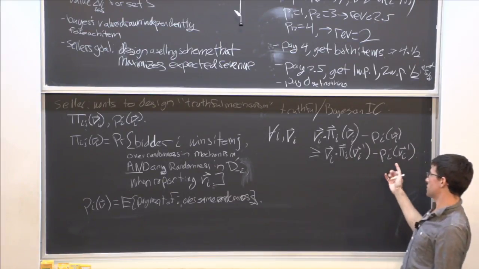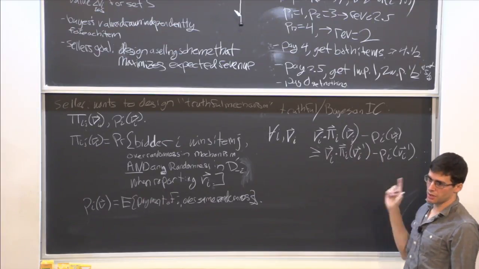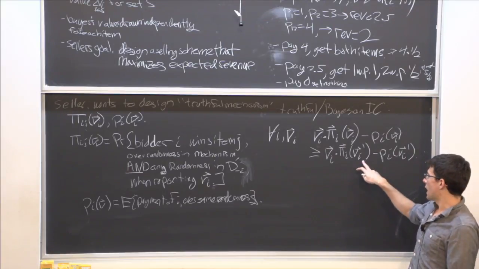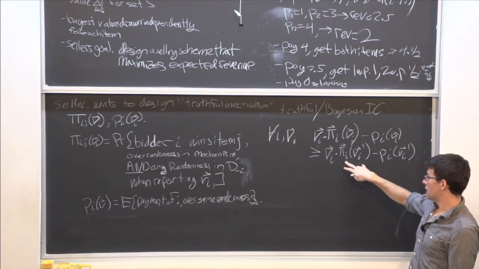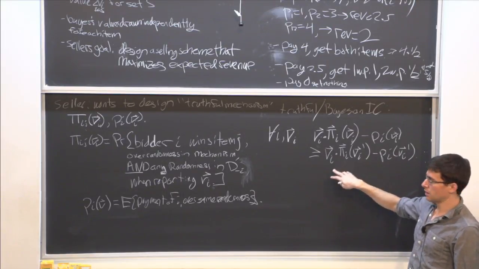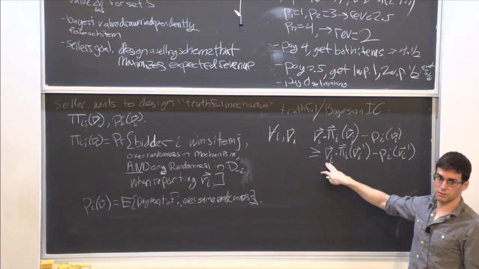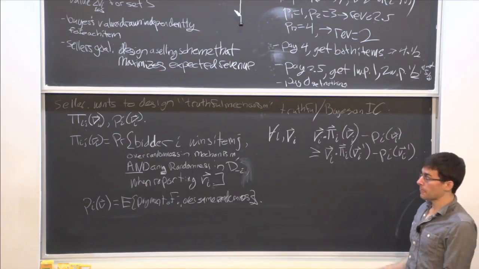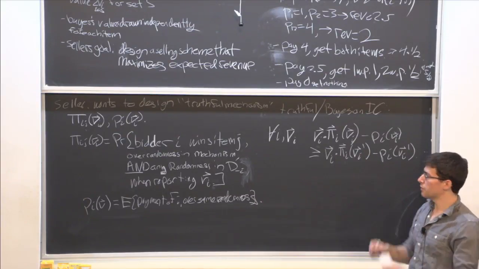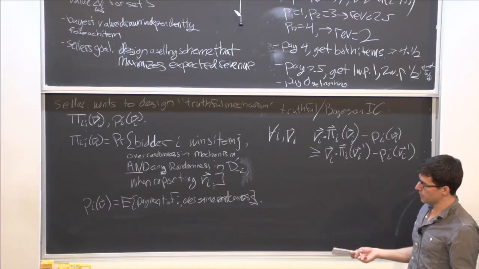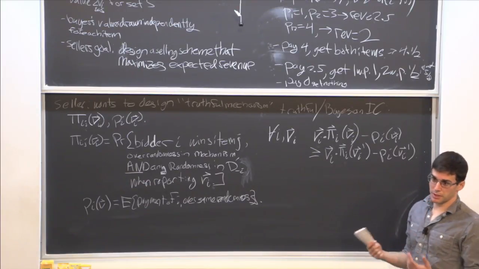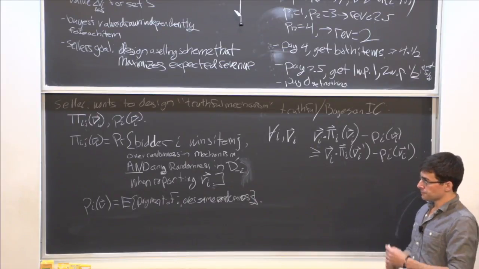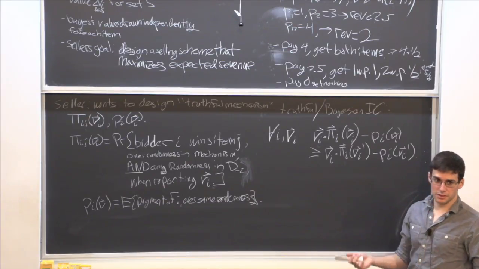Okay, and you want this to be at least as large as, well, there's nothing that forced you to say vi. You could have said vi prime instead. And had you said vi prime instead, you would have gotten a different allocation. Your values would still be the same, so you would evaluate the probabilities in the same way, and you would pay a different price. So truthful means basically if you believe that the reasoning the bidders are going to do is they're going to come to the auction, they're going to say, well, I don't know what everyone else's values are.